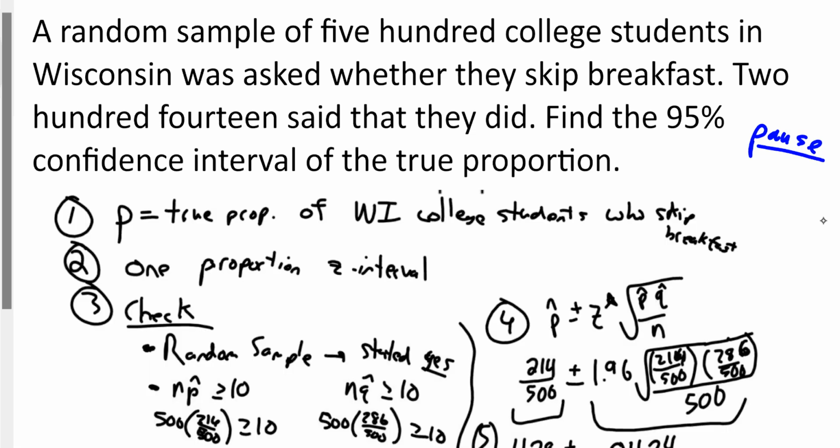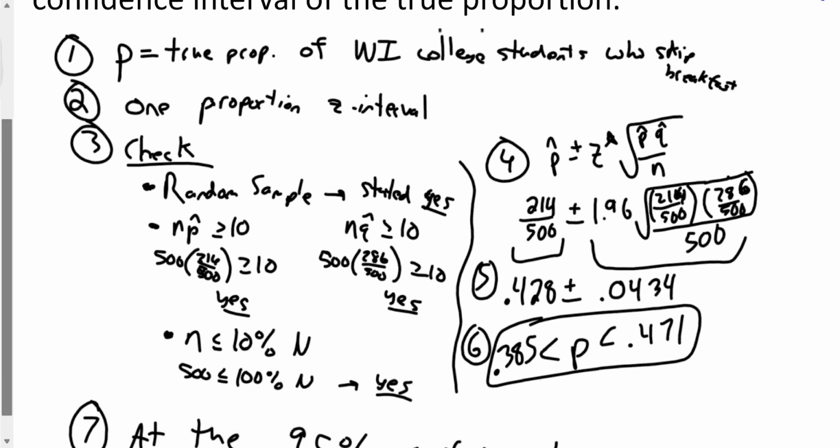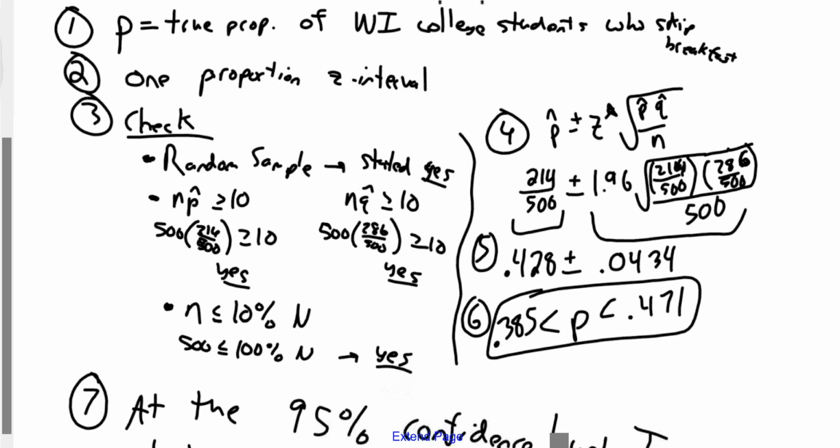All right, here's what I got. I got my parameter, the true proportion of Wisconsin college students who skip breakfast. It's a one proportion z-interval. Check the random sample. We checked the large counts condition, and we checked the 10% condition, and yes, they all check out. We've got our formula plugged in and reduced.